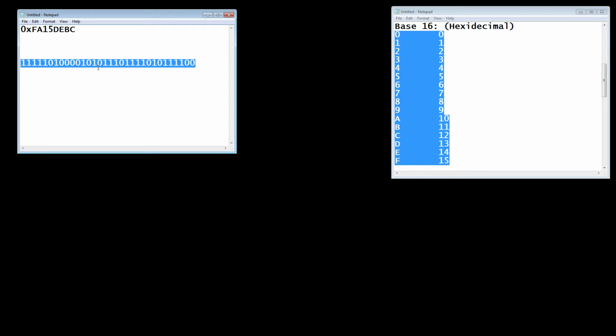We have gone over the value and the prefix. 0x means that it's a hexadecimal value. Now we'll go over a little bit about why we need the prefix.